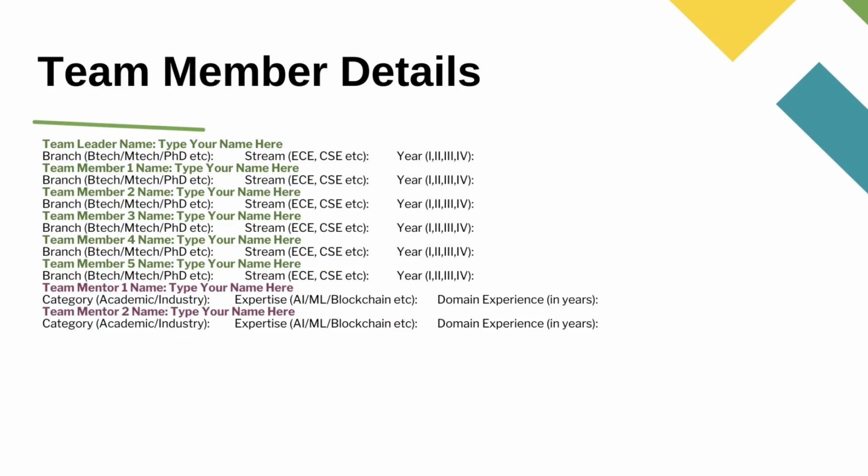If you have a mentor from industry or from academia, you have to write their name, their category, and then their expertise, for example if you are working in AI, ML, security, IoT, or cloud, whatever their expertise is. After that you have to write their domain experience, how many years of experience they have. So this is the last slide, and as I said, this fifth slide you are expected to delete. I think what is to be filled in the idea template is clear.